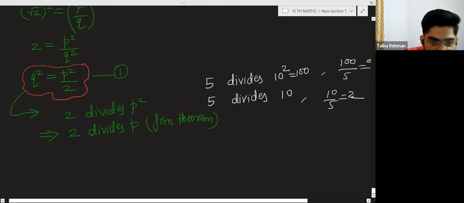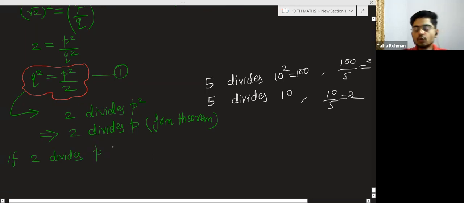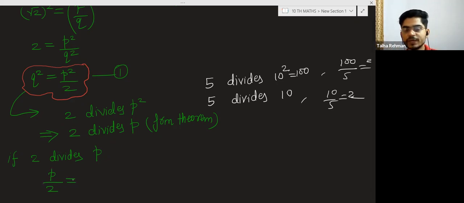Now, if 2 divides p, it means 2 divides p completely. When you divide p by 2, you will get an integer, but you don't know what that number is.